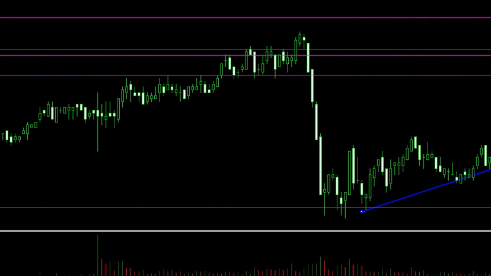But it's not as simple as just entering whenever you see one of these candles. You can't do that because that's just not how it works. You have to actually think about where you're entering. And the most important thing is something I mentioned in the first webinar. It's a question that you have to ask yourself.